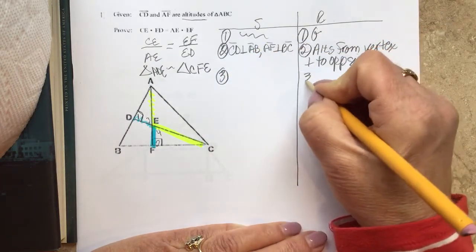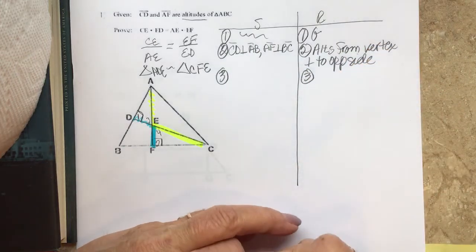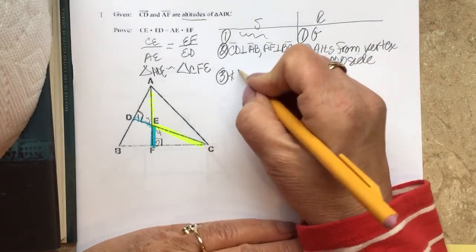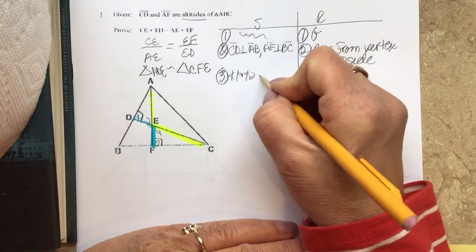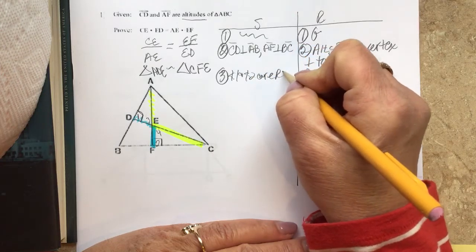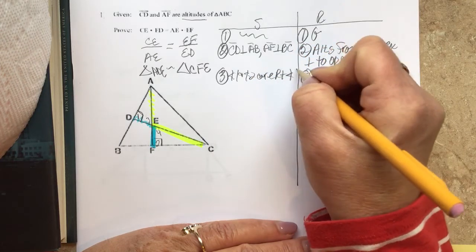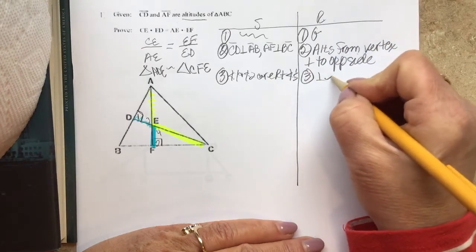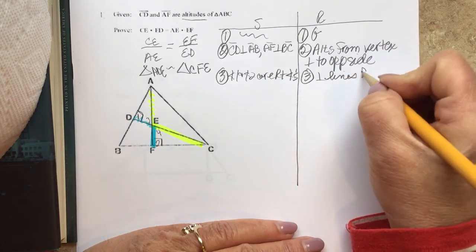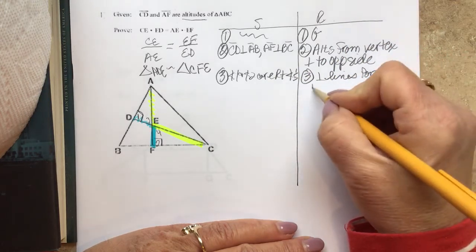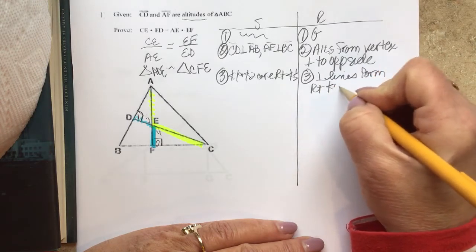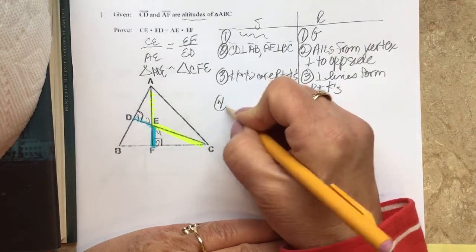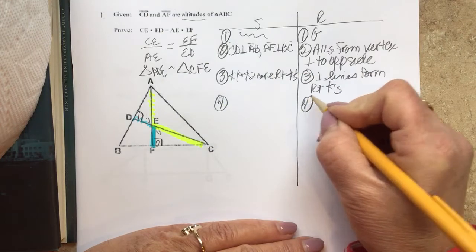All right, now I can say they're right angles because I know they're perpendicular to each other. So angle 1 and angle 2 are right angles because perpendicular lines form right angles. And now I'm going to say they're congruent to each other.